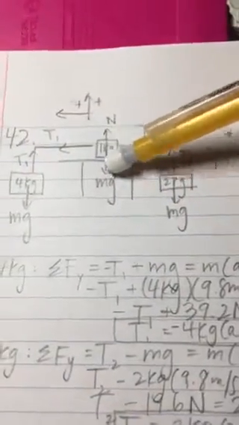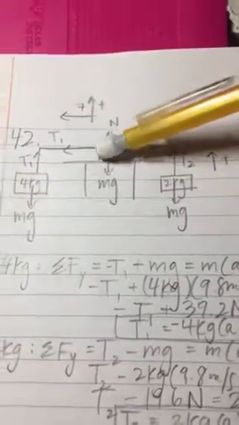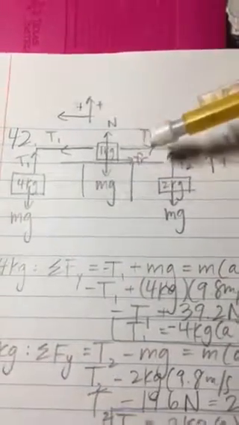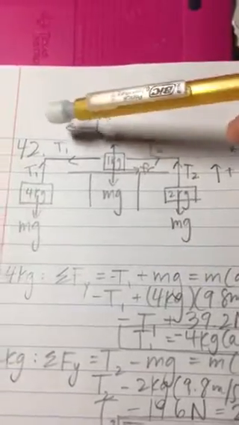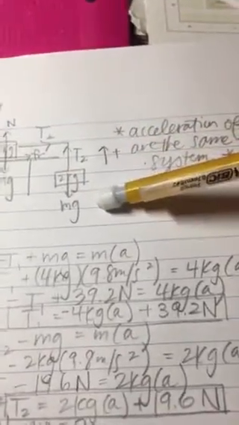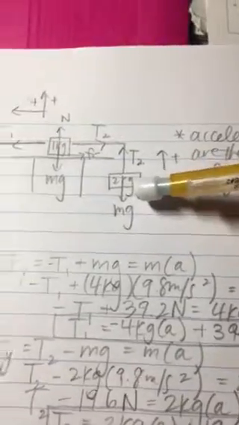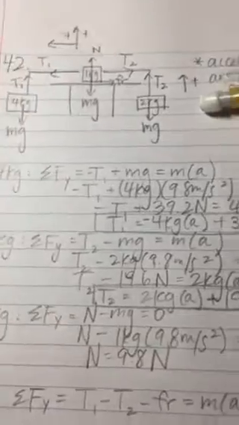For the 1 kilogram mass, we have the normal force going up, mg going down, the tension going to the left and the other tension going to the right, because tension is always in the pull direction. Because it's accelerating leftwards, and friction always opposes motion, the friction force will be to the right. Finally, for the 2 kilogram mass, it's tension up, mg down, and because it's accelerating up, that's our positive direction.